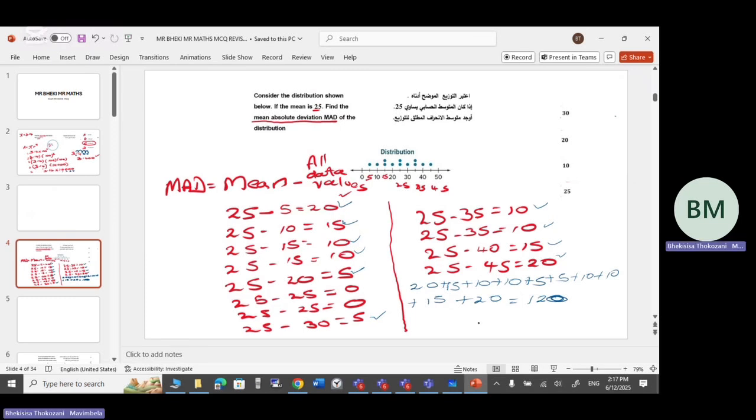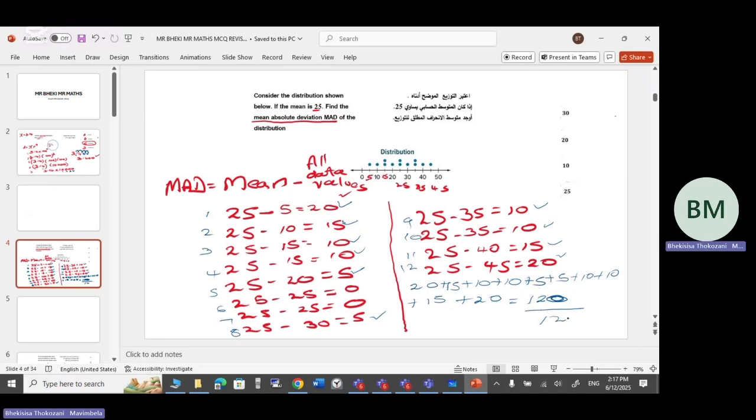But we need to divide this whole thing here by the number of values that we have here. How many values can we see here? Let's see. 1, 2, 3, 4, 5, 6, 7, 8, 9, 10, 11, 12. So we're going to divide everything by 12.